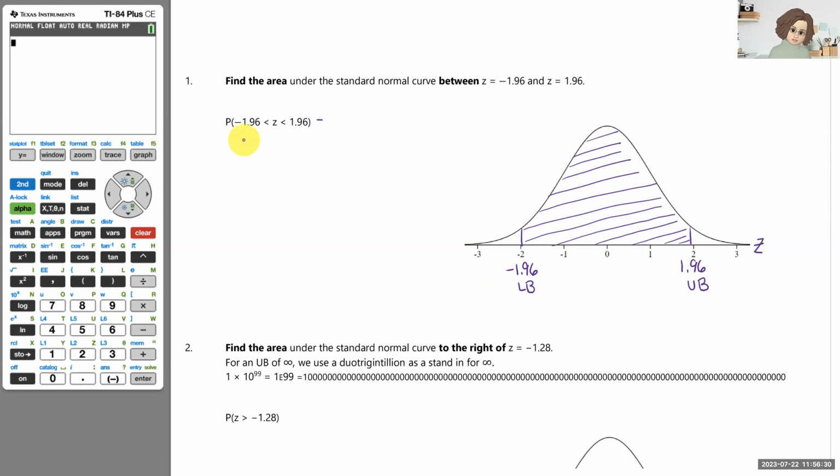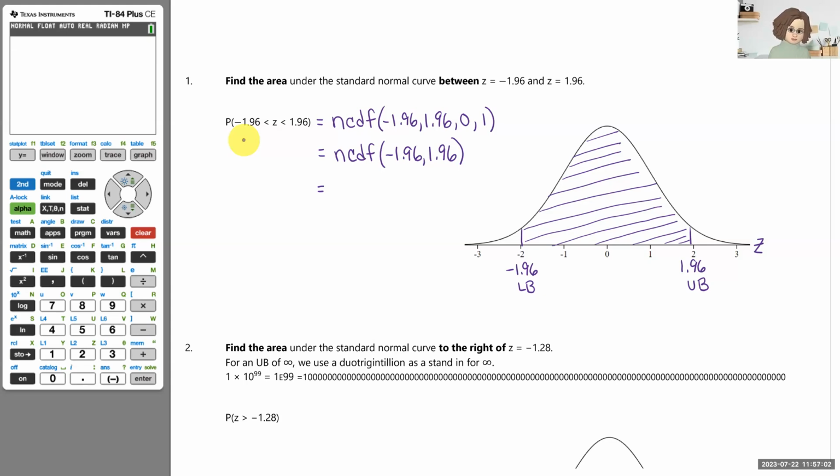And we're ready to go. So I'm going to abbreviate normal just N. So NCDF, we're going to enter our lower bound and our upper bound. And usually you would have to enter the mean and standard deviation of your distribution. But again, since we're dealing with standard normal, we're able to leave off those values, and the calculator will assume that that is what they are.